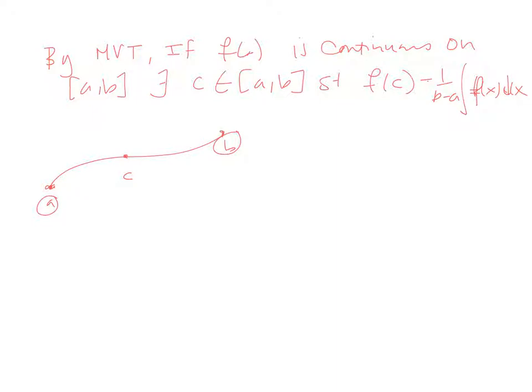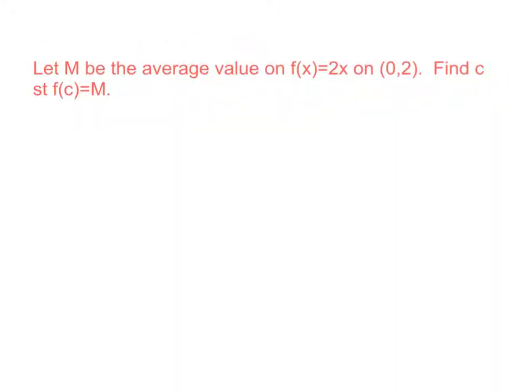So let's say we have m as the average value of this function on the interval of 0 to 2. We need to find c such that f of c equals m. So basically we're looking for m. Okay?